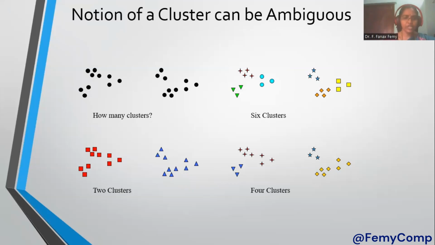Our aim is to mine the similar objects into one class, that is, the objects are grouped into one cluster. Here in this example, 6 clusters means 6 different objects are grouped into 6 classes. The 4 clusters mean 4 different types of objects are grouped into different classes.